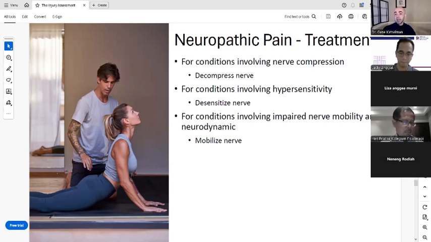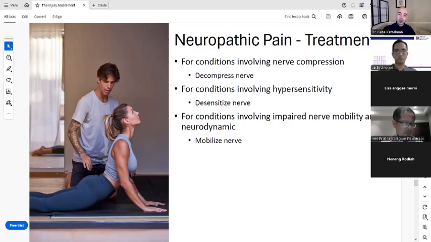Okay. In our program, we will discuss all the different ways, manual therapy wise and otherwise, to decompress nerves within the clinic. Also, once we are improving the nerve compression, if there is any hypersensitivity, there are approaches to desensitize nerves. So there are treatment methods that help to desensitize.